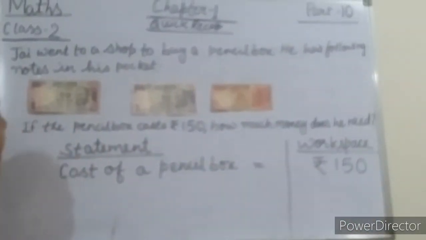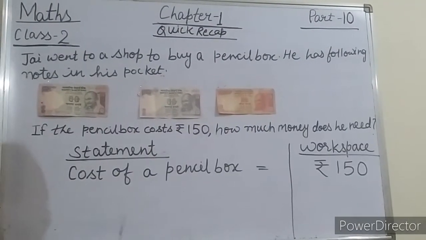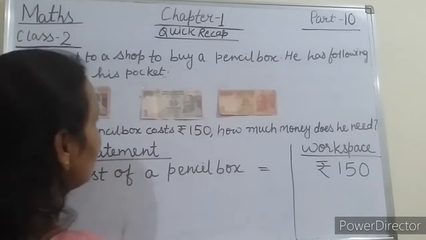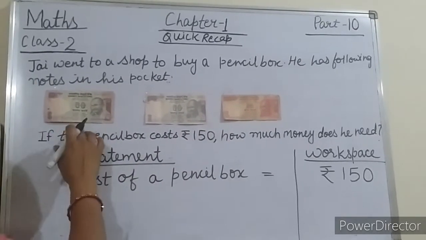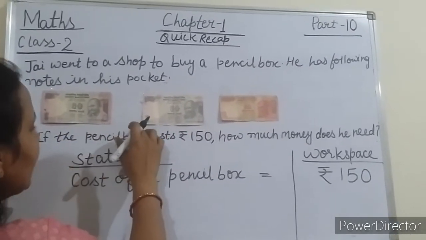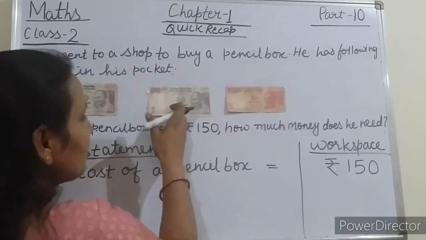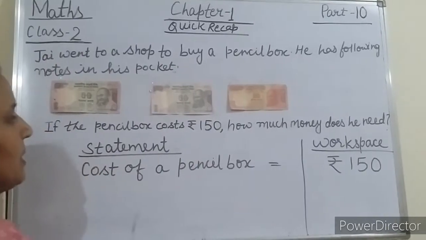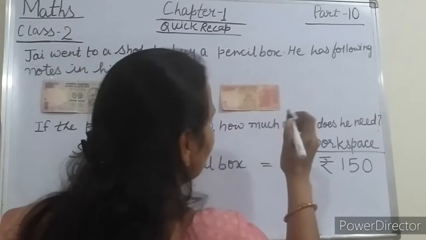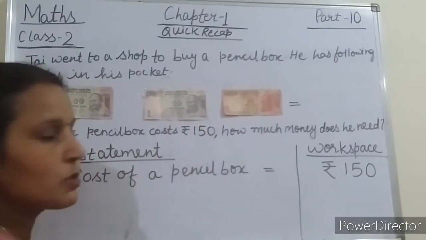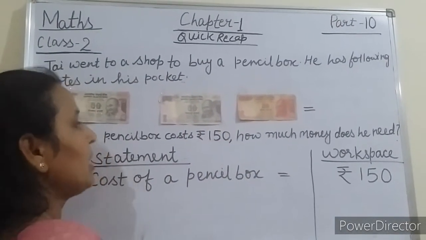And now, Jay has following notes in his pocket. So, add these notes. 50 plus 50. So, 50 rupees plus 50 rupees is equals to 100 rupees and plus 20. So, tell me students. Yes, very good.